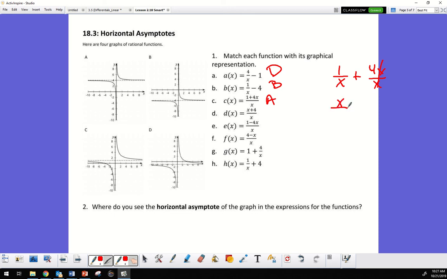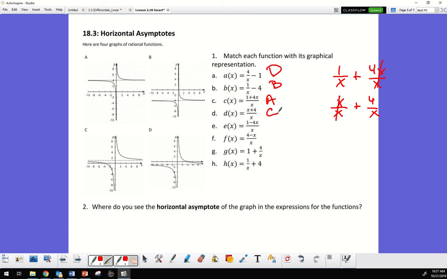X over X, plus 4 over X. My X is canceled, don't I? So that's going to leave me with 1 right there, right? So now the 4 over X is going to go away. So this is going to leave me an asymptote at positive 1, which would be letter C, right?